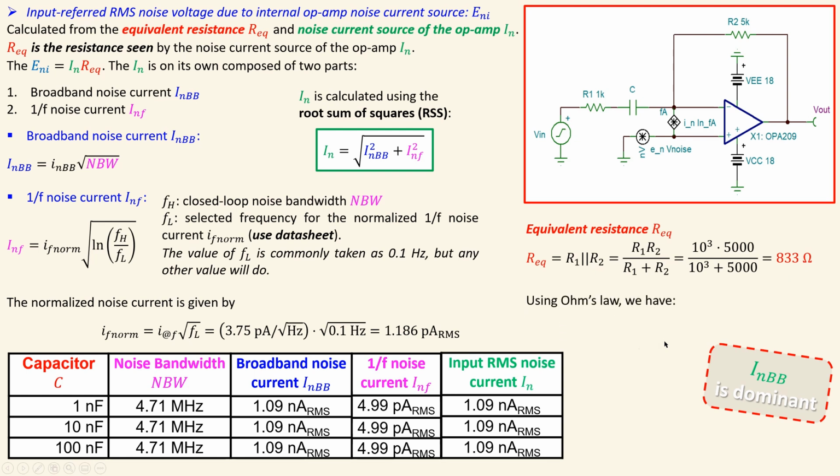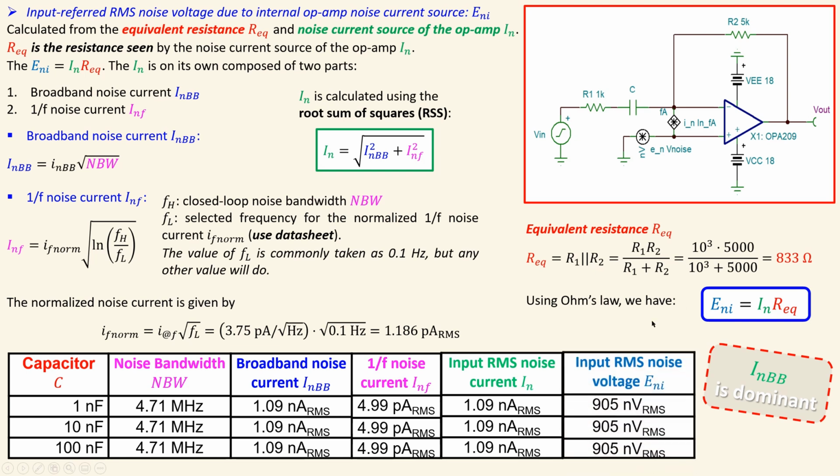Now, using Ohm's law, since we know this for each capacitor case, I can say it is given by this expression. So the input referred RMS noise voltage due to the internal op-amp noise current, here this is the symbol, is equal to this symbol times the equivalent resistance. Now you know this, it is 1.09 nanoamps RMS. I just multiplied it by the REQ and I will have my input referred RMS noise voltage due to the internal op-amp noise current source.